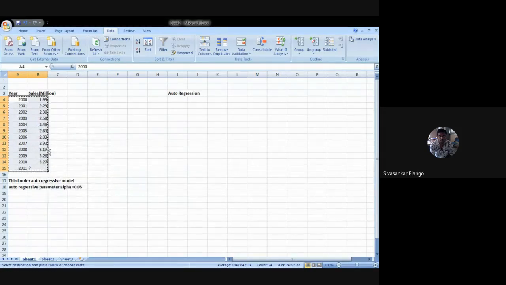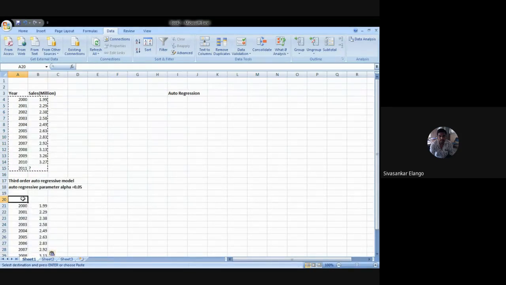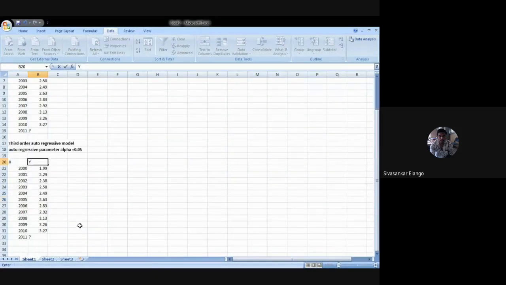So you can select these values. Right. So the year denotes the X attribute, and the sales denotes the Y attribute. So let us go for a third order auto regression first.